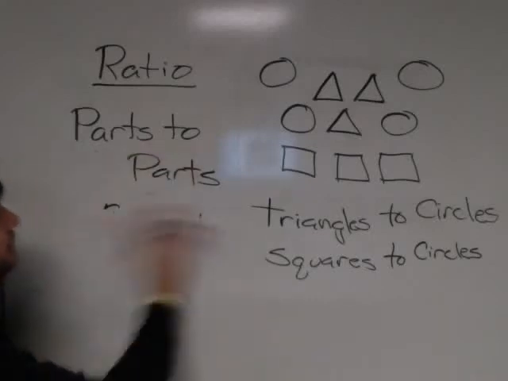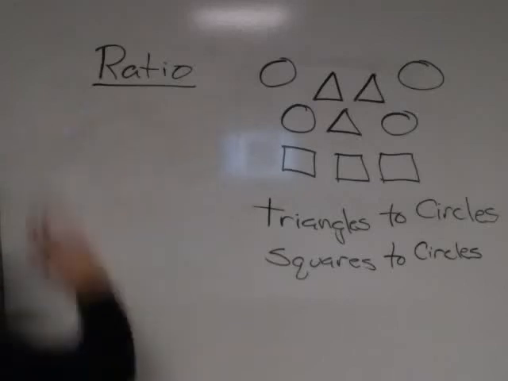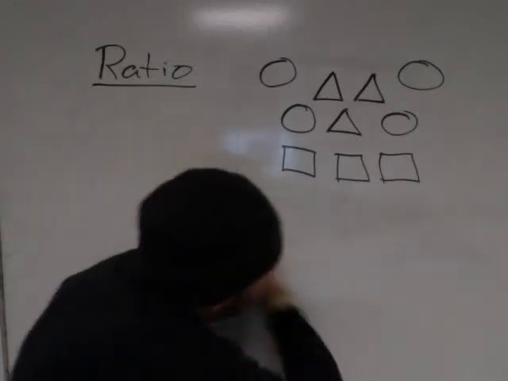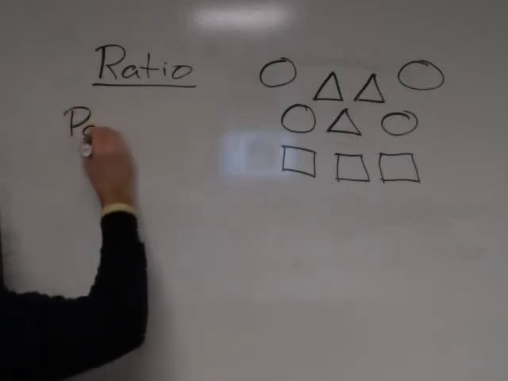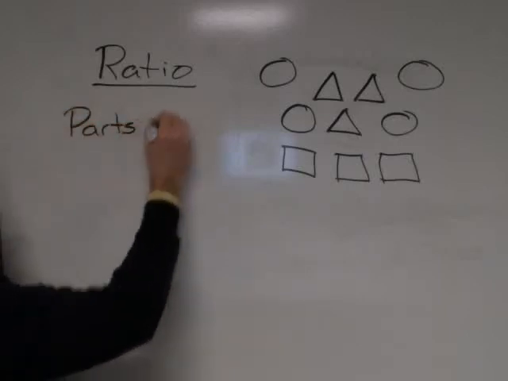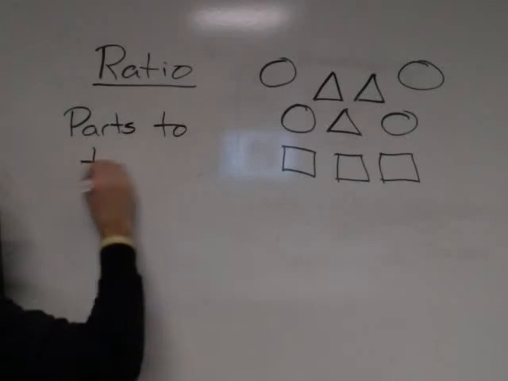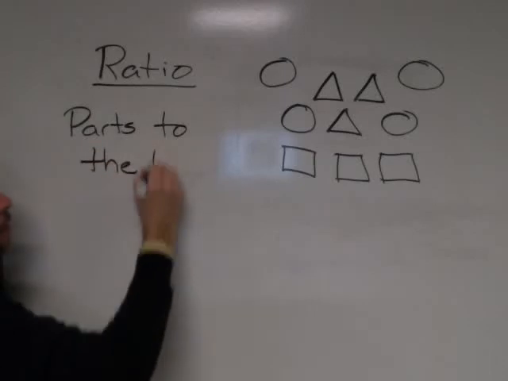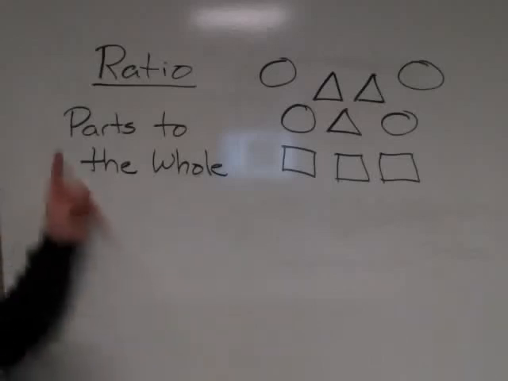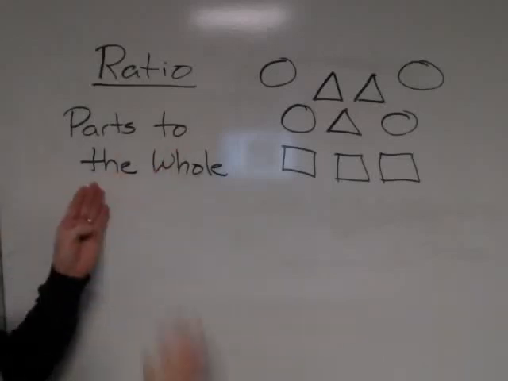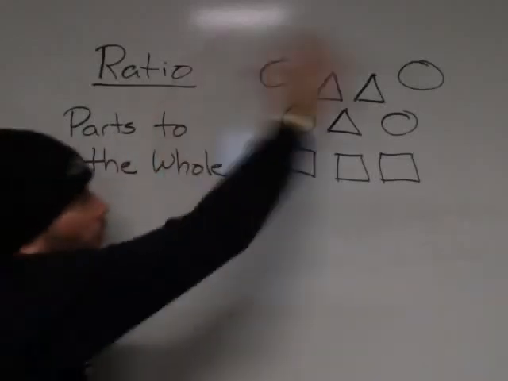All right, now another way that you can compare is to compare parts to the whole. In other words, parts to the whole would be comparing a part to all of the numbers.